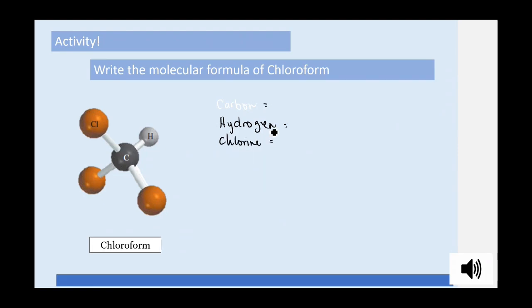Now let's identify how many atoms there are in each element. For our carbon, we have only 1. For our hydrogen, we also have 1 here. And for our chlorine, we have 3 brown circles here, so 1, 2, and 3. So we have 3 atoms.